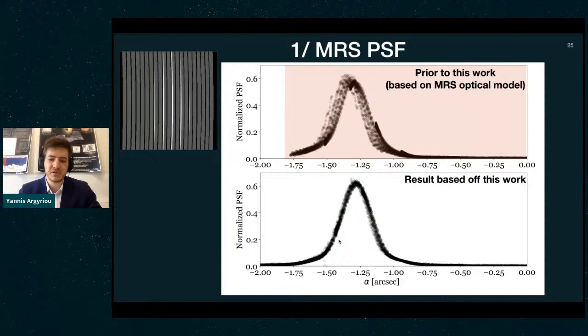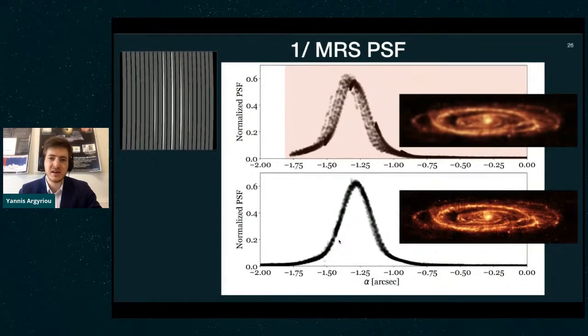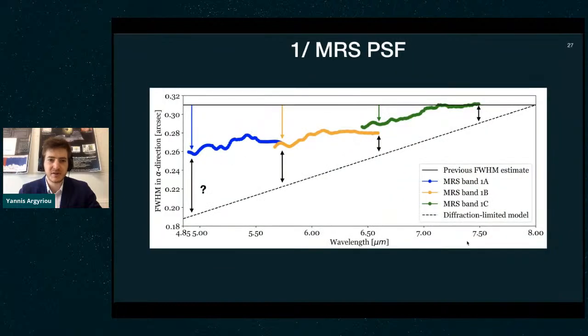And what that actually means, if you were to get some intuitive sense of this, is that if you were to collapse, as stated before, your information in wavelength, the result you would get with the previous calibration, so the plot on the top-hand side, is in the case of the Andromeda galaxy that I've shared before, you would see that your image is blurred due to this effect. However, if you were to account for the spatial distortions that are introduced by the optics, you would get a much sharper image. And so this is an important step forward.